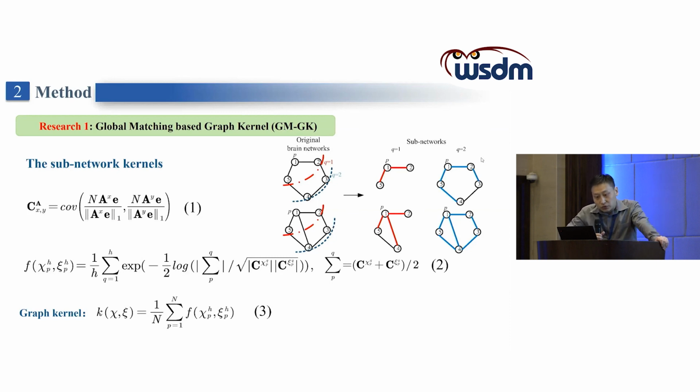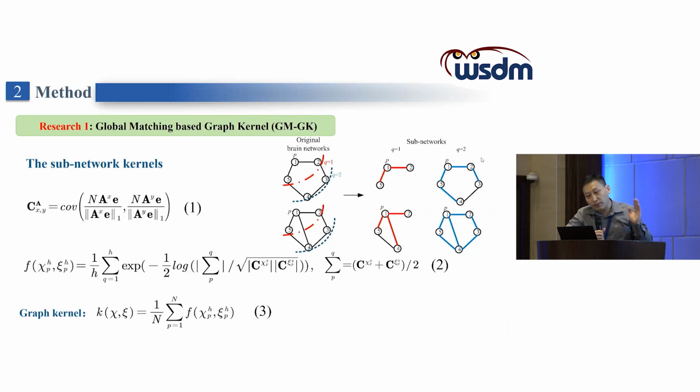Then we come to the functional similarity between chi and xi. Chi is the first subject, xi is the second subject, and the subscript P is with respect to one particular region, which we call node P. It is an average of the exponential over Q from 1 to H. Think of Q equals 1 as 1 degree neighbors, Q equals 2 as 2 degree neighbors.